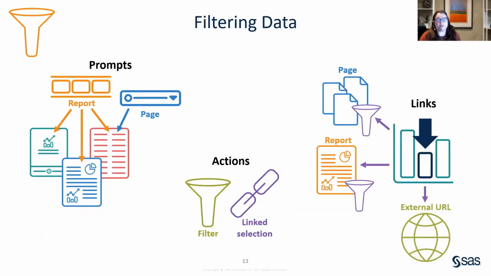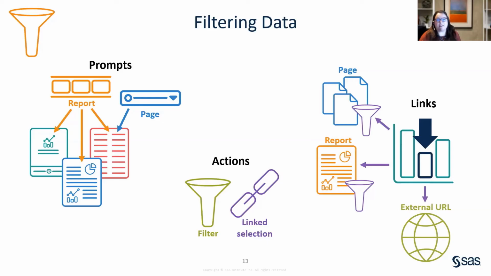Filtering data comes in a variety of different ways. We saw a data source filter earlier. Now we're going to talk about filtering on the report side. We can set up prompts, which are control objects that allow the viewer to make the selection, so maybe it's a button bar or a range slider. We can also set up actions between objects so that when I make a selection in one object, it could update subsequent objects.